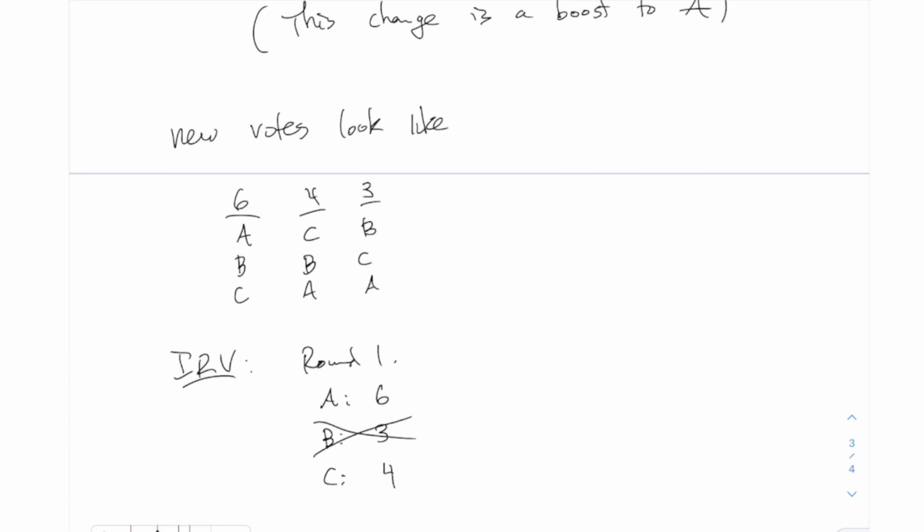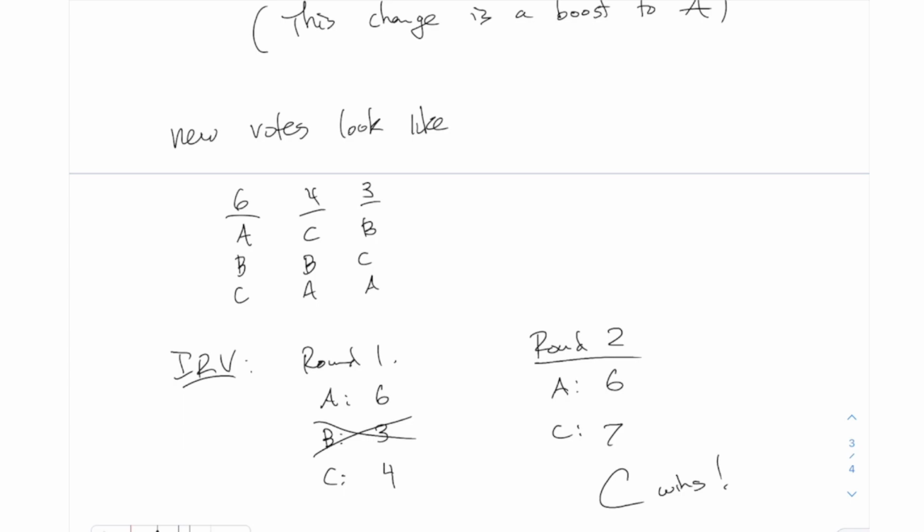So B is eliminated in round 1, and then in round 2, if I consider now only A's and C's, A is up top 6 times, and that's it. And C is on top of A in these other 2 columns, 4 and 3 is 7. And so C wins.